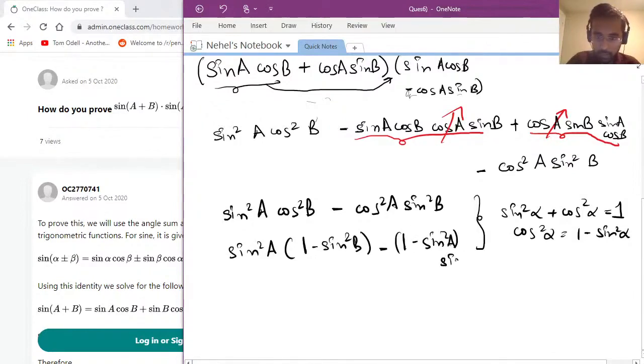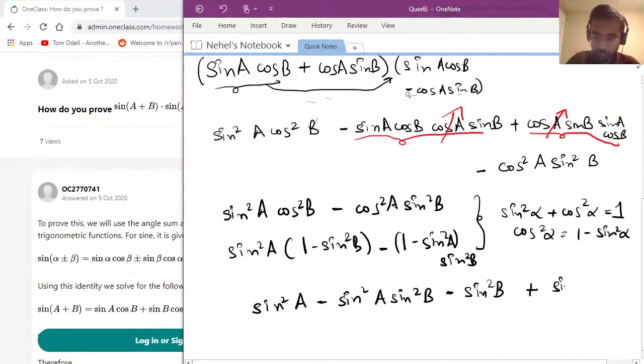times sine square b. If we do this multiplication, we get sine square a minus sine square a sine square b, and on this side we get minus sine square b plus sine square a sine square b.